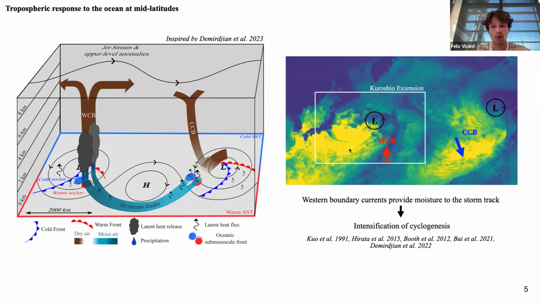So that's why I mostly talked about latent heat flux. And also sensible heat flux can be negative in the warm sector. Yeah, that's the difference. Yeah, excellent. Thanks. Thank you very much.